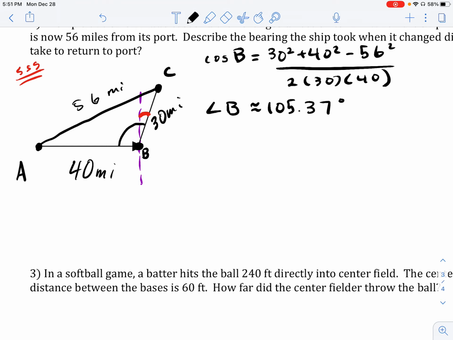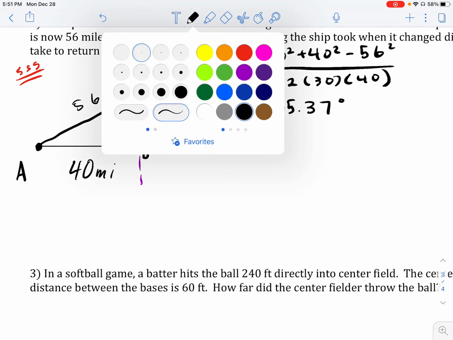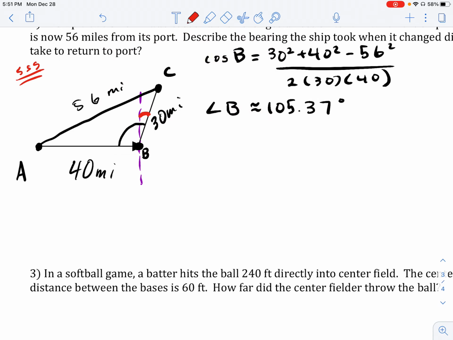Now, I'm not boxing that because that's not my answer. That's not my bearing. That represents the entire angle B. Since we're trying to find that red angle here, note that this angle is a right angle. So to figure out the bearing, we would simply say 105.37 degrees minus the 90-degree angle, and we get 15.37 degrees.